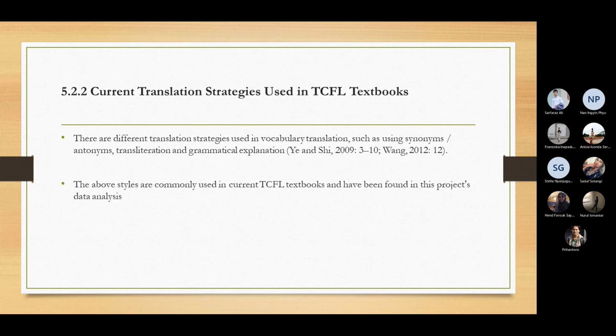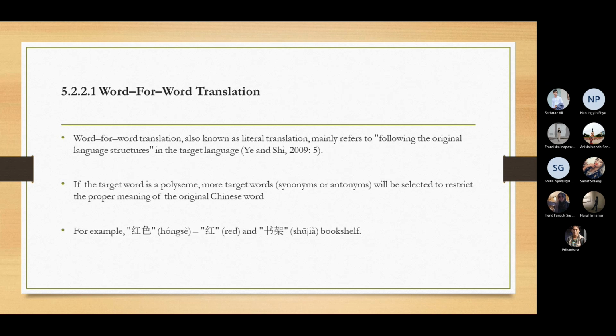These styles are commonly used in current TCFL textbooks and have been found in this project and also in the project data analysis.